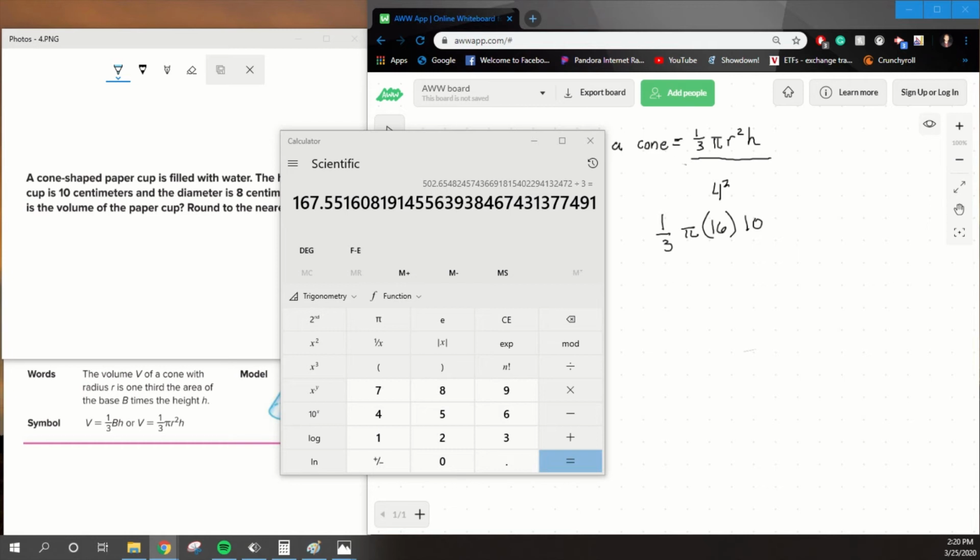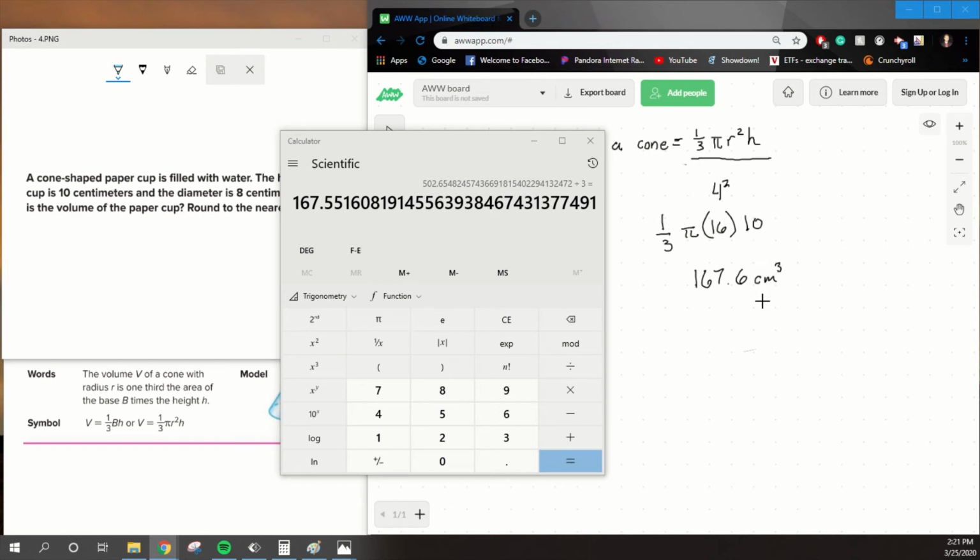Yup. We should get 167.6, because we're rounding to the nearest tenth. 167.6 centimeters. And because we are talking about volume here, don't forget to say cubed.